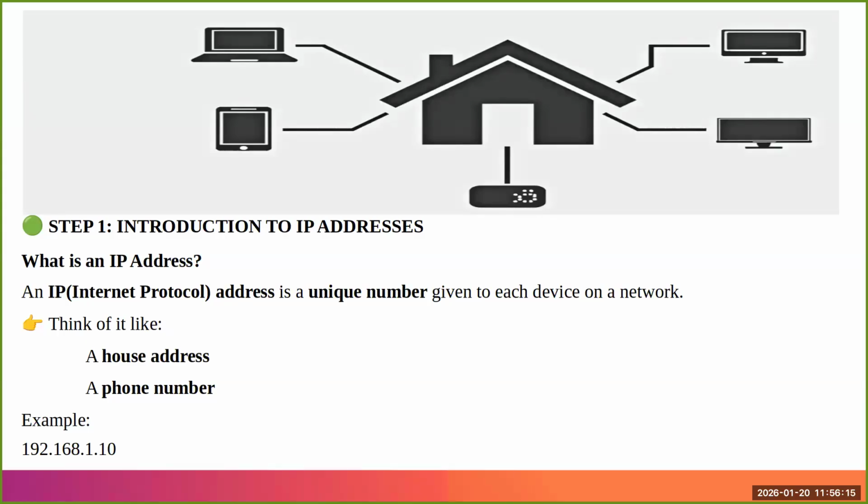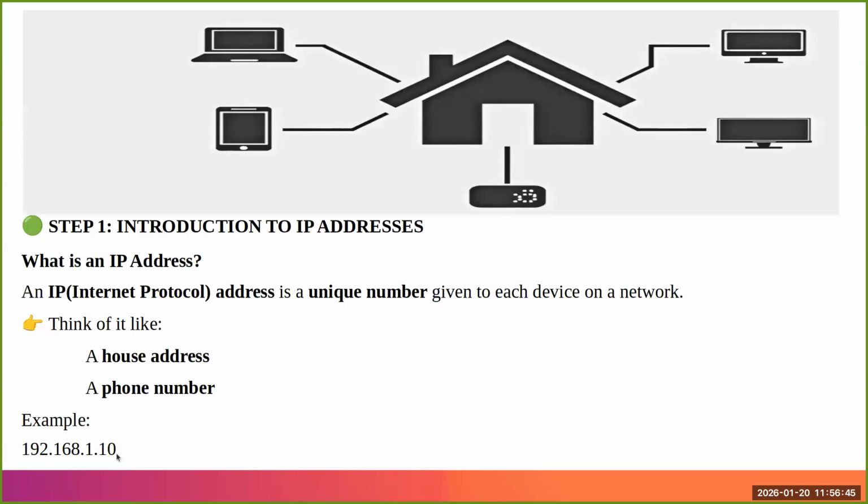So an example of an IP, I'm not going to the nitty-gritty and the technicality of IP address because normally I'm supposed to tell you an IP address is a 32-bit address that is identified in binaries. Then it can be converted to decimal. I'm not going to that nitty-gritty because that is going to bring confusion at the end of the day. But an example is what we have on the screen here.